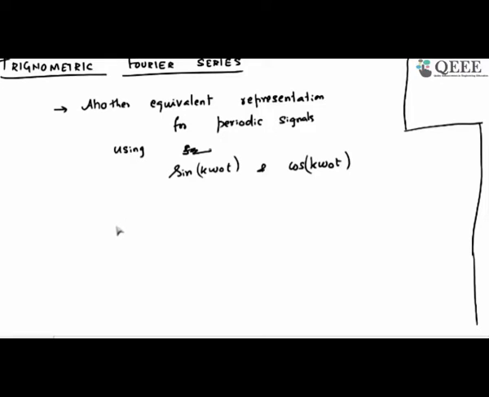So it can be written as follows. x of t is a periodic signal, again a periodic signal with the fundamental period t naught.